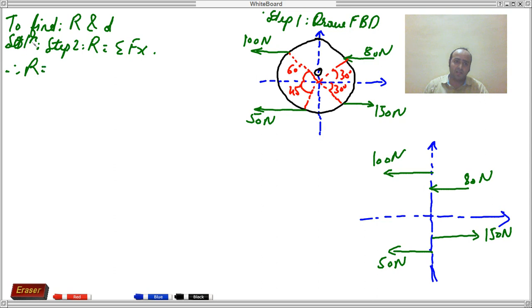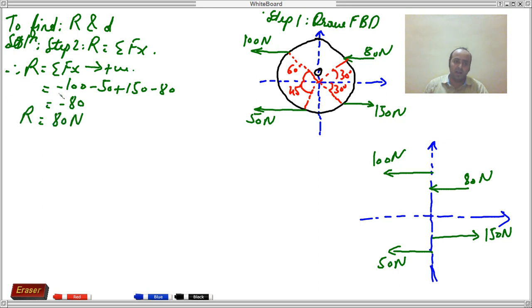Therefore, R is equal to summation Fx, taking towards the right as positive, is equal to minus 100 minus 50 plus 150 minus 80. So it is equal to minus 80. That is, R is equal to 80 Newton acting towards the left hand side.